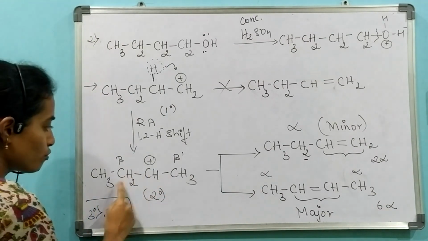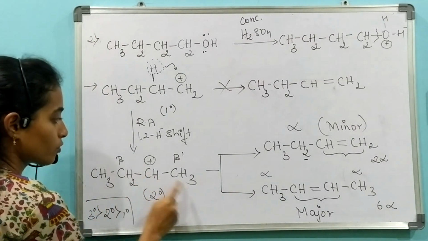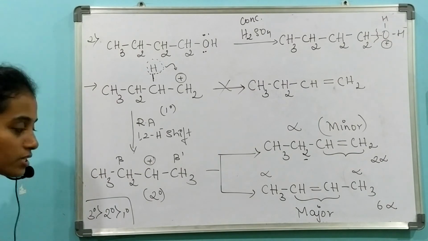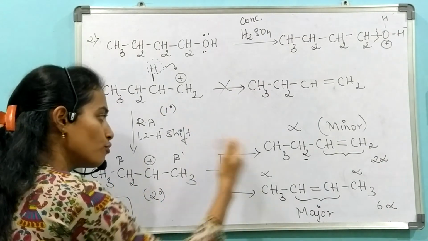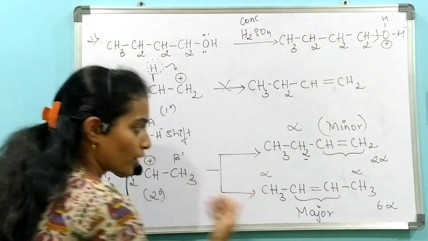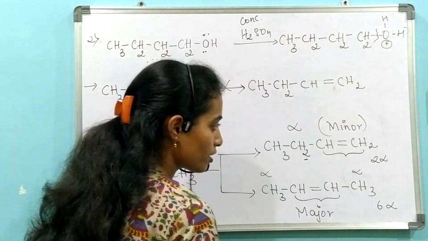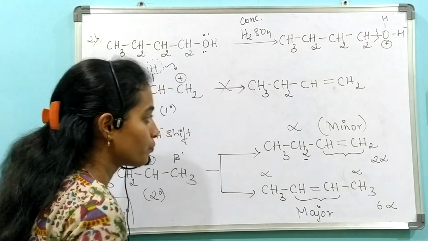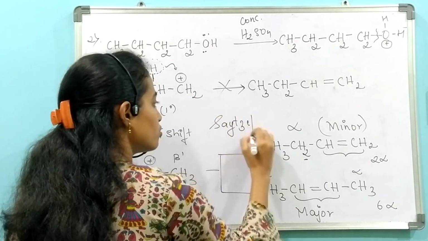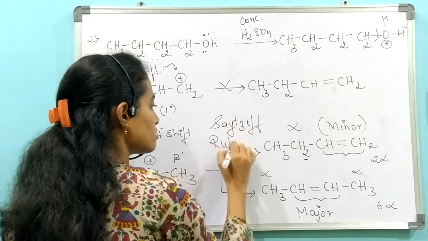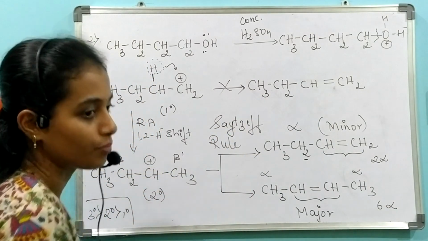After getting this stable carbocation, you had one more doubt: from where to remove the hydrogen, the H plus proton? Either from this carbon or from this carbon. Remove from both the carbons and write both the products. After writing both the products, which is major and which is minor? You follow the Saytzeff rule to decide the major alkene prepared.